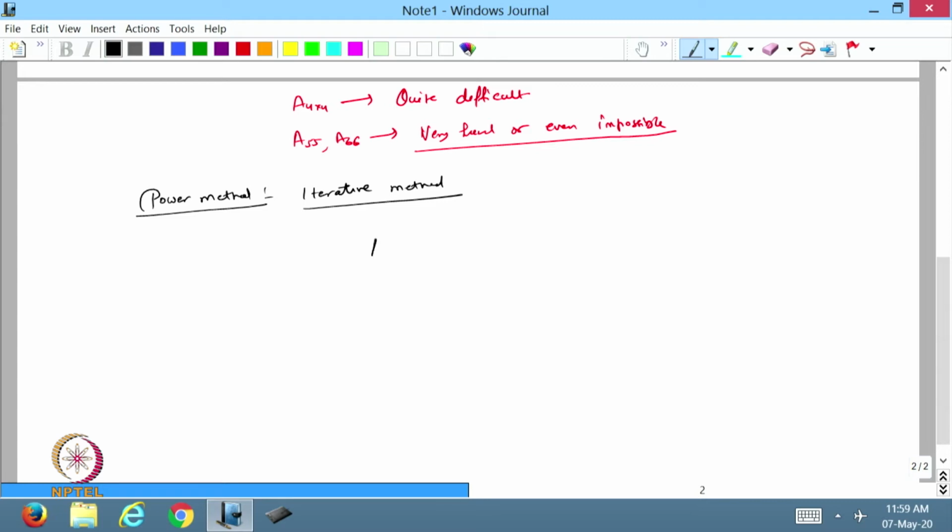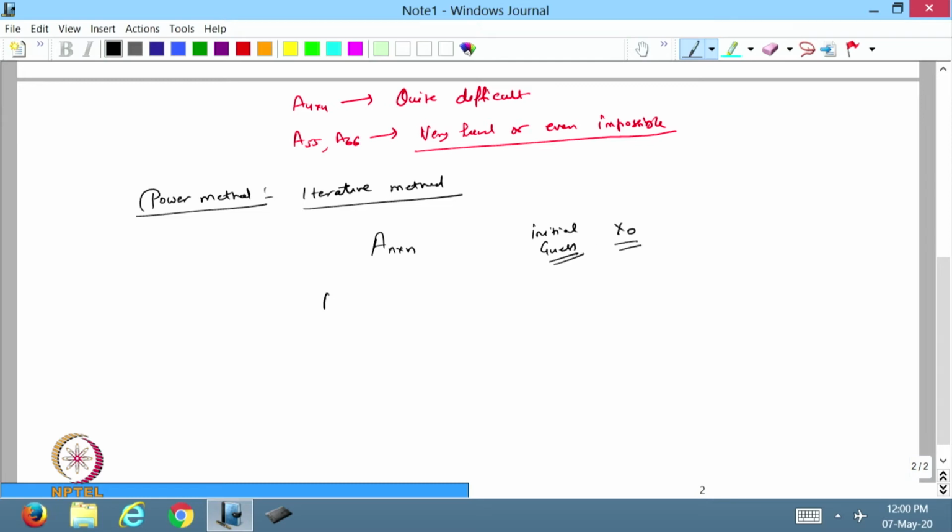Suppose I have a matrix A that is an n cross n matrix. Because this is an iterative method, I start with the initial x naught, which is my initial guess.